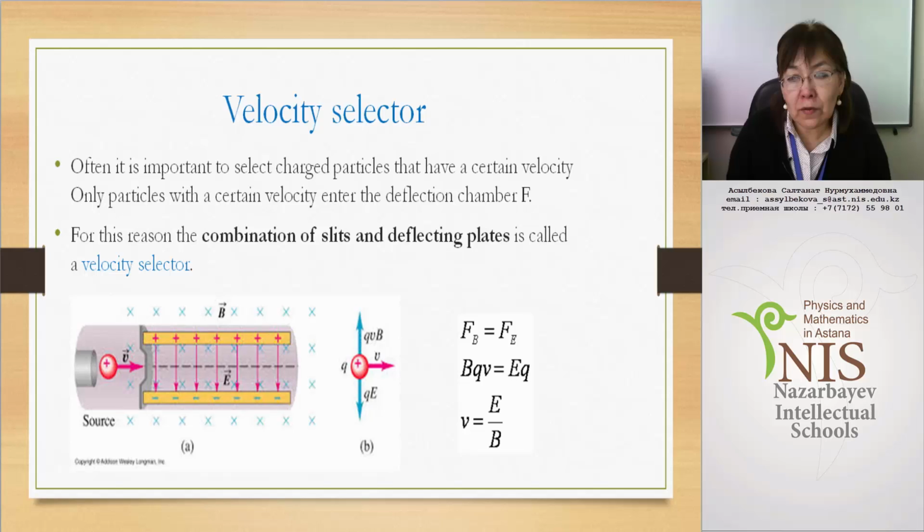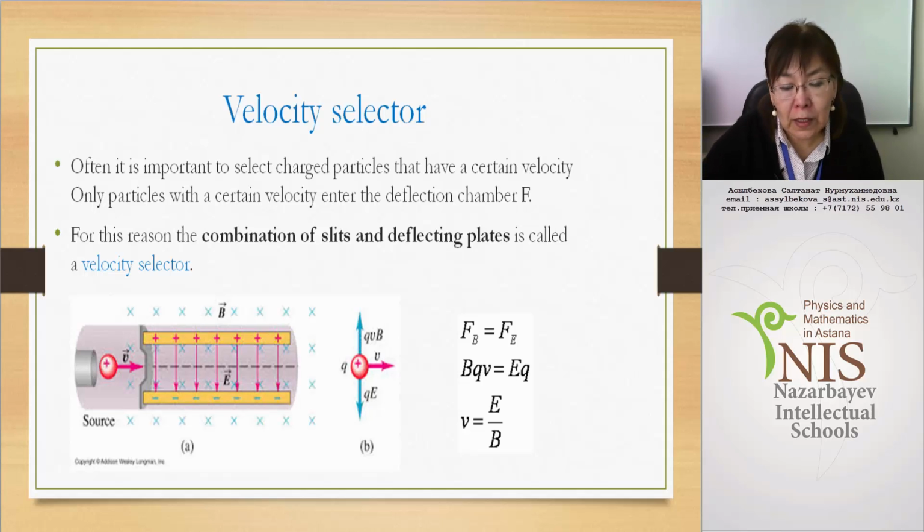The combination of the slits and the deflection chamber presents a velocity selector. You see, a source of electrons or any particles can pass into the region of the electric field between two plates. But at the same time we have a magnetic field.